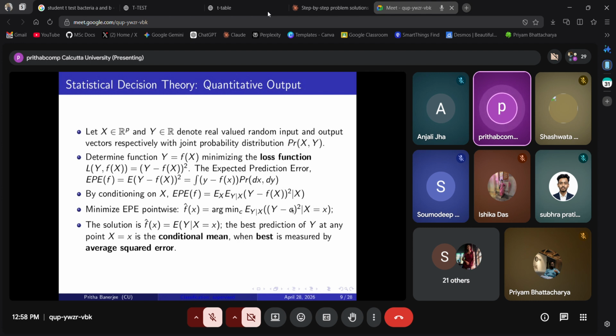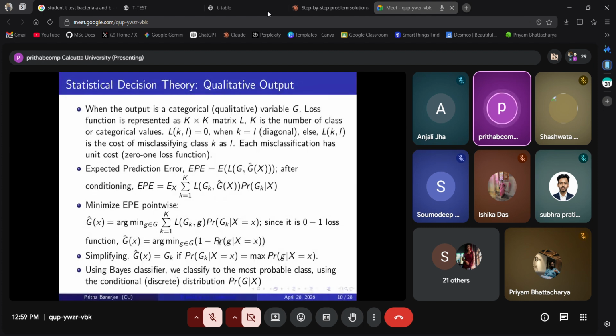This is in general what we do when modeling any function that represents the data set. The best prediction of y at any point x equal to x is called the conditional mean, when best is measured by the average squared error.